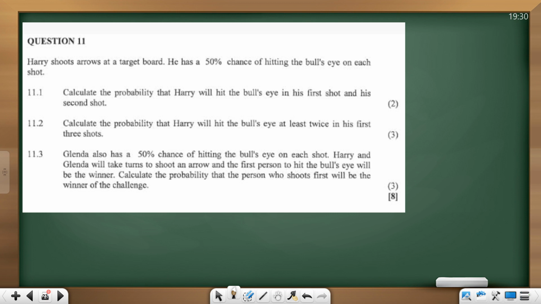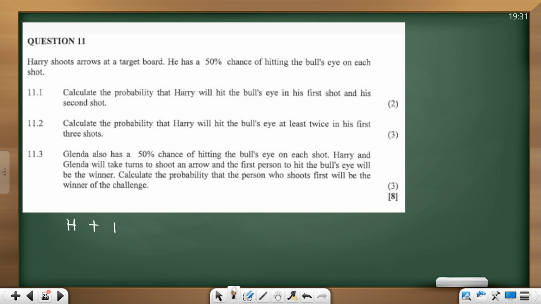Okay, let's go back. They said Harry and Glenda would take turns to shoot an arrow. Okay, hold on. And the first person to hit the bull's eye will be the winner. Let's try to interpret on this page. So if Harry shoots, but there's a possibility that he won't hit. Okay, so a plus.